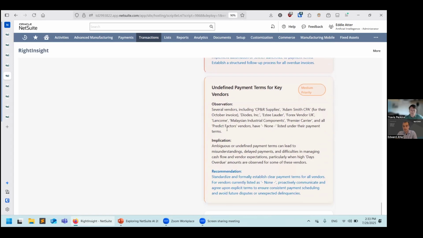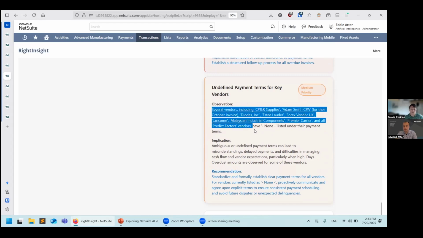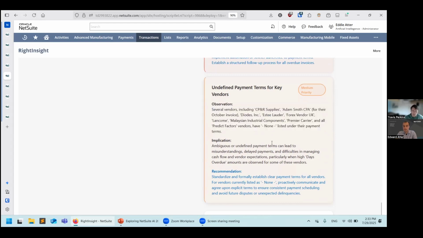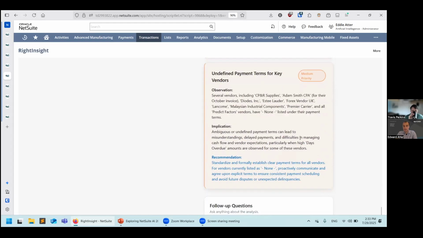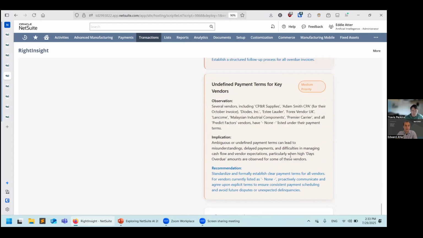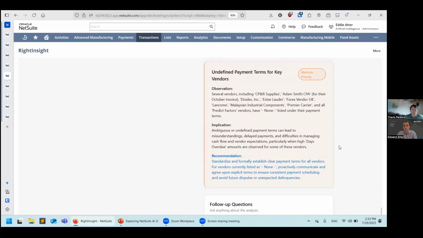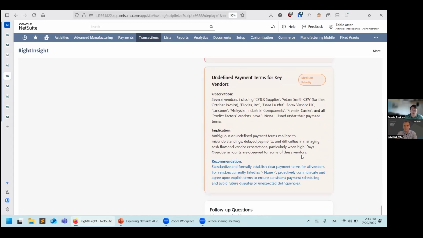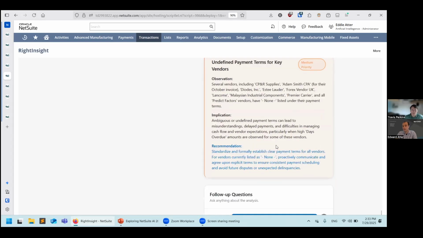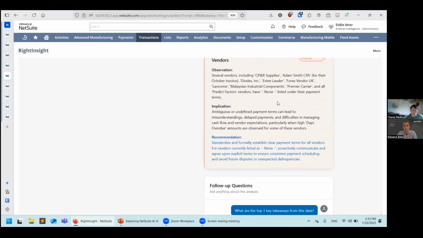Going further in here, it's found that there are some undefined or ambiguous payment terms for a significant chunk of vendors. So I can look at that, and that helps us stay on top of our data. The best data is data that's consistently looked at and flagged when there are errors. Nothing's perfect, and so that's going to help us stay on top of that.